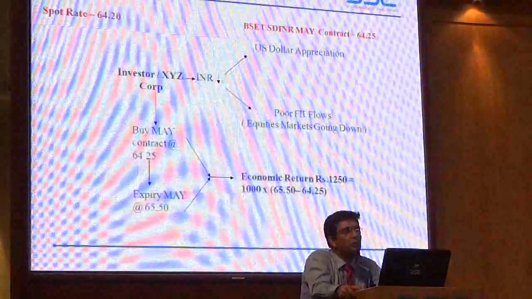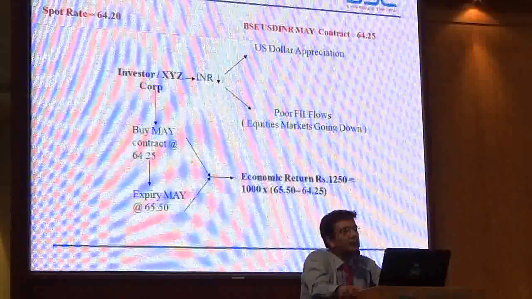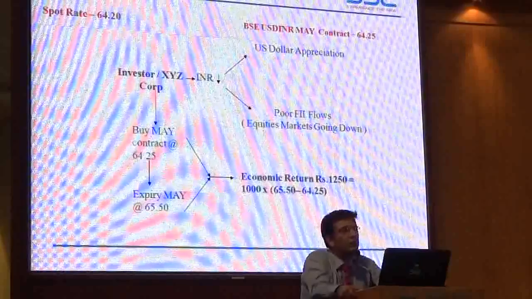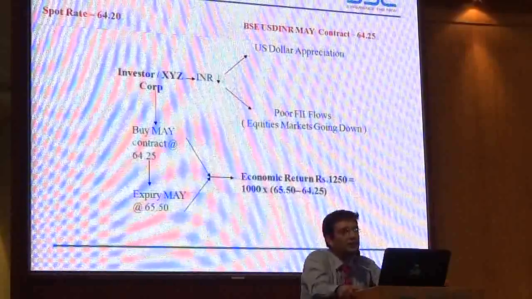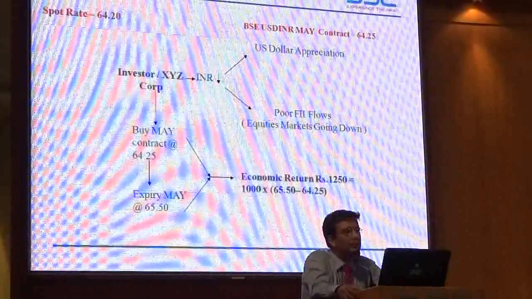If I talk about the view-based strategy, say for example, if you think that Reliance has got a good contract, you normally buy Reliance, and if there is any news on Reliance, you go long on Reliance.